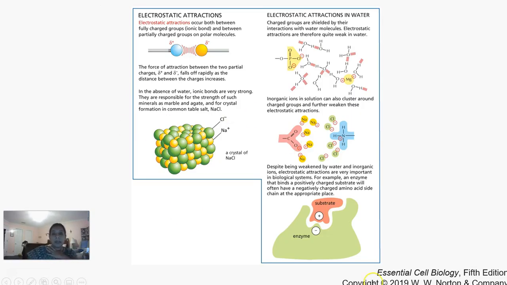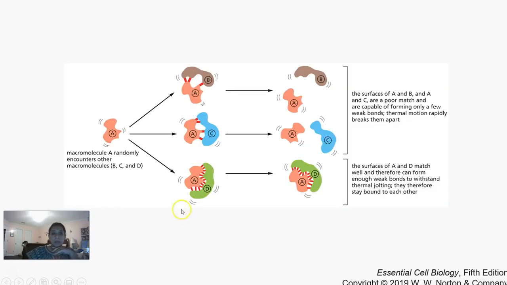Other forces that play in here are the electrostatic forces due to those partial polar bonds that are present in the R groups or in different molecules, whether it's proteins or fats or a sugar. And these electrostatic interactions will allow different enzymes to function in just the right way, making their substrate available to the active site in just the right conformation.